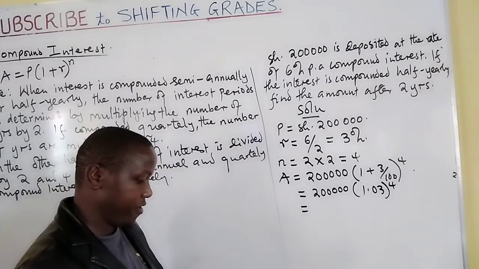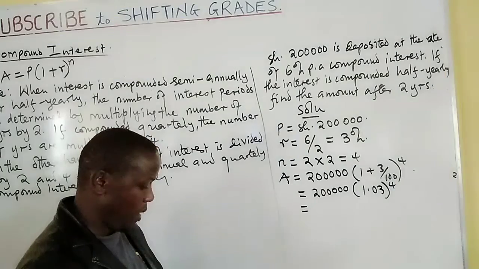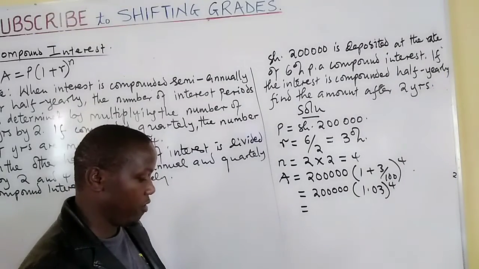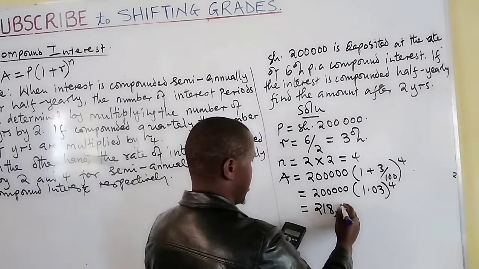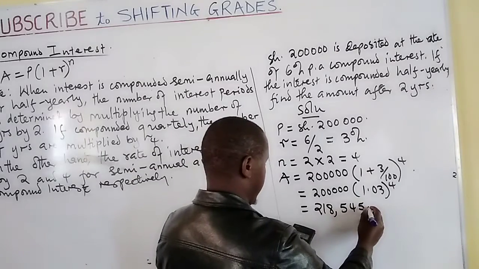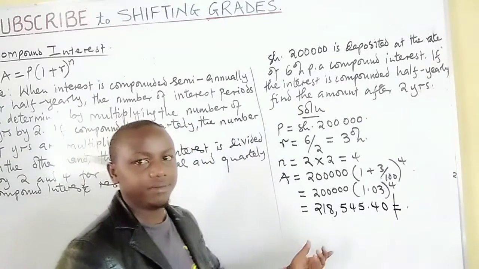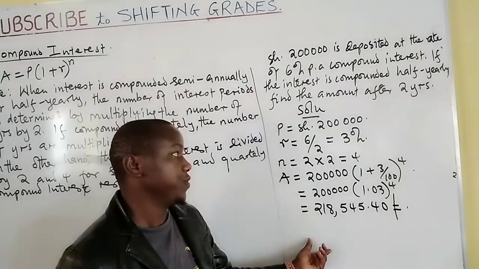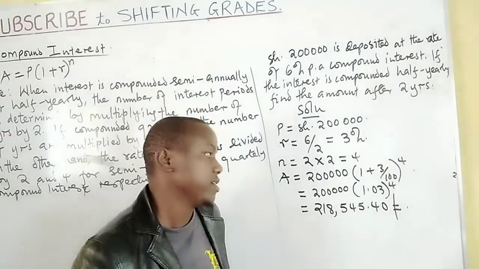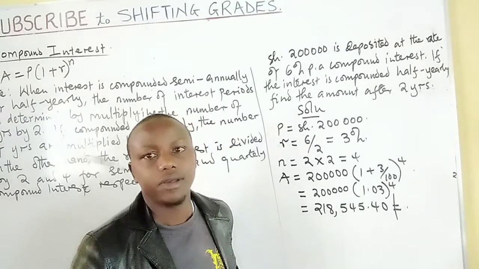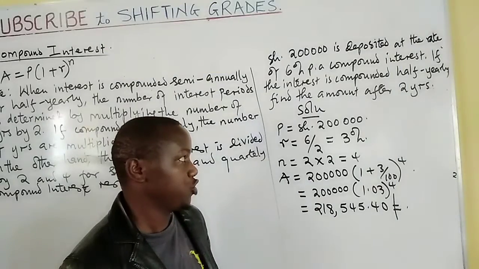And this will be 218,545.40 shillings. So the amount accumulated after 2 years will be 218,545.40 Kenya shillings. So that's it.